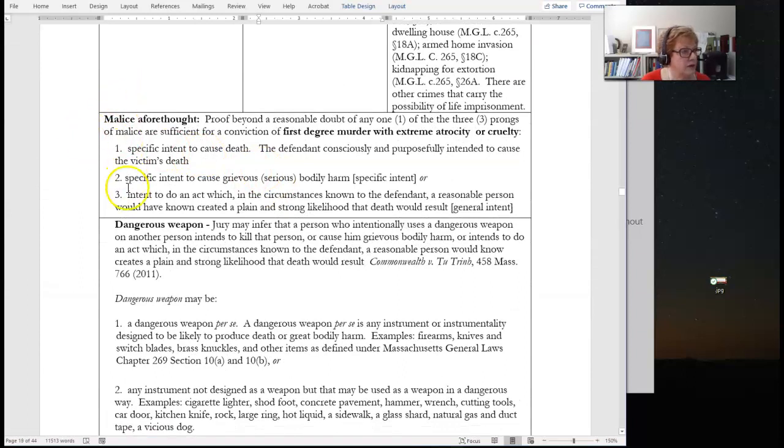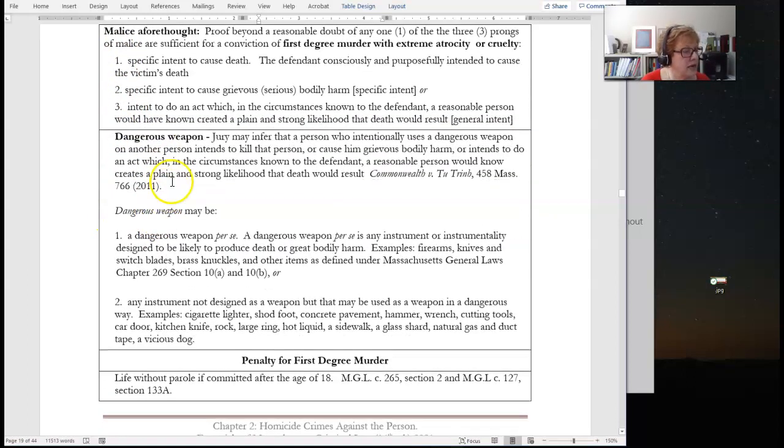Malice aforethought, as described in the chart that I just showed you, can be demonstrated in three different ways. Please note that the use of a dangerous weapon is in play in this case, insofar as Pat used a knife. A knife is not a dangerous weapon per se.